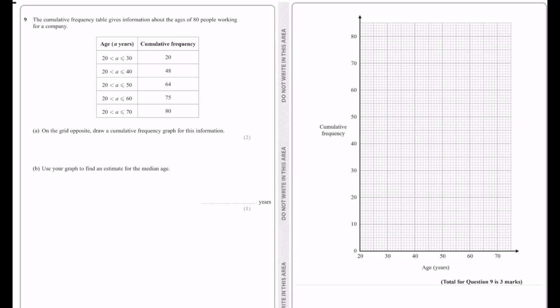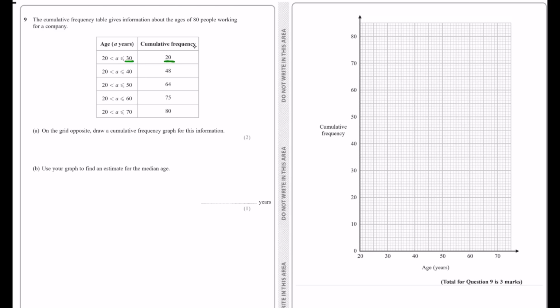Question 9. Cumulative frequency table gives information about the ages of 80 people working for a company. On the grid opposite, draw a cumulative frequency graph for this information. So with a cumulative frequency graph, we put the top point against cumulative frequency. So up to the age of 30, there are 20 people.